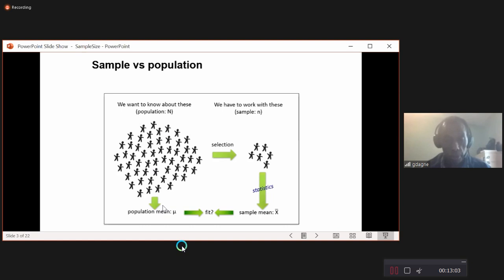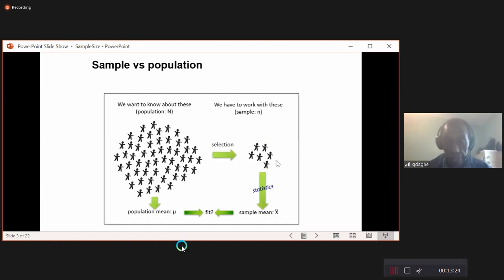We could always get those true values. But as you know, conducting a census is difficult because it's costly. Sometimes we may not be able to do it even if we have the money. So we end up getting a small sample, the one you see on the right side here.